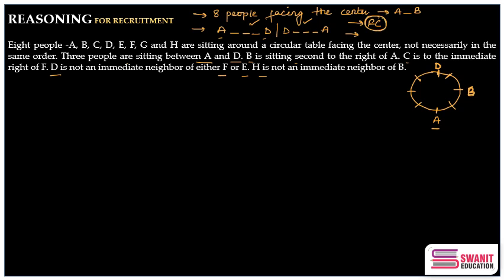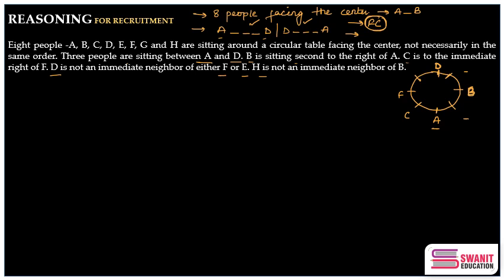And that's only possible on this side, because on the other side I have only this place and this place, so I don't have two consecutive places. And it's given that C is on the right side of F. So what is the possibility? C may come here and F can come here, or C may come here and F can come here. So these are the possibilities.